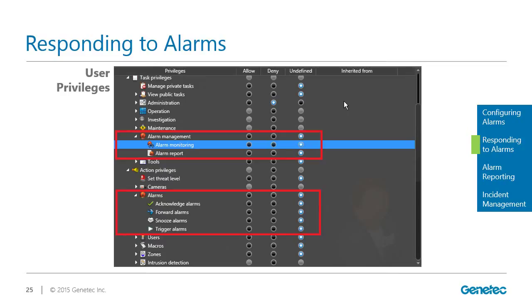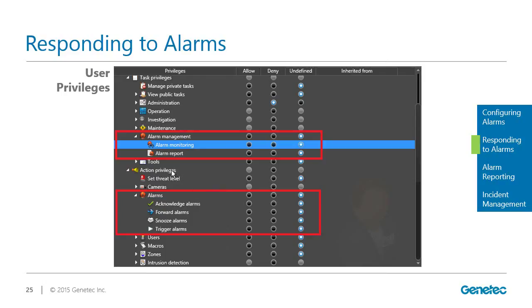And of course, for your users, the people that actually need to receive the alarms, the recipients, we need to go into the user privileges, and we need to make sure that they can actually handle these or see the alarms, whatever we want them to do, depending on their particular job in the system. So we're going to need to look under alarm management and give them access to the alarm monitoring task or the alarm reports task, or both, whichever, depending on what they're doing.